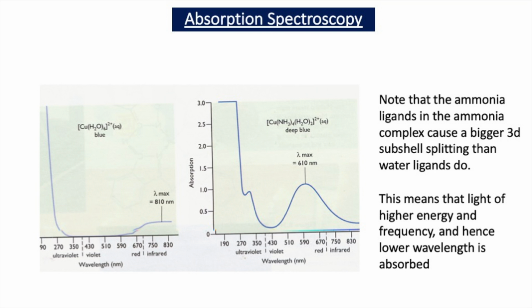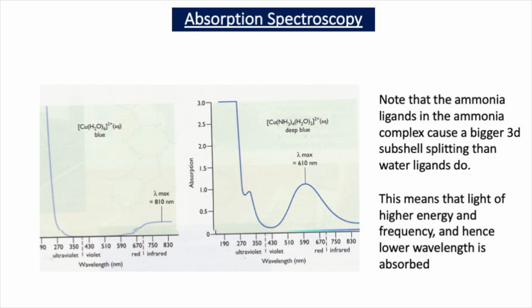And that's why copper sulfate that contains this complex ion is blue, because it's absorbing in the red end of the spectrum and it's reflecting blue. So you'll notice from this spectrum that there is no absorption in the blue end of the spectrum.